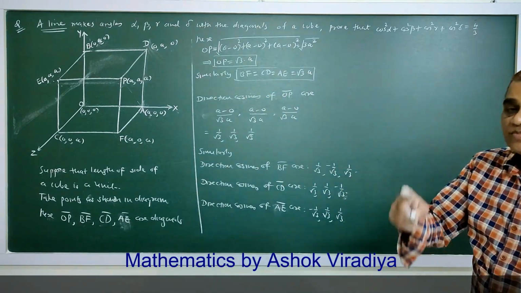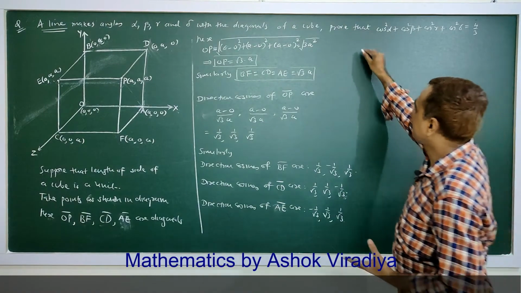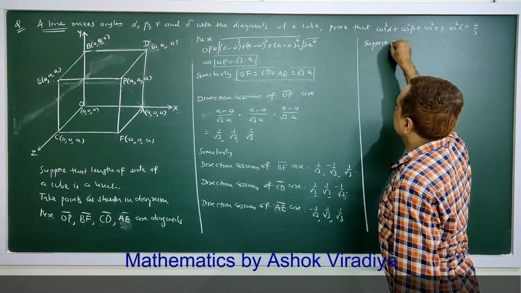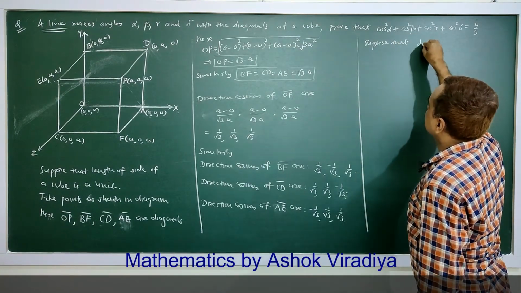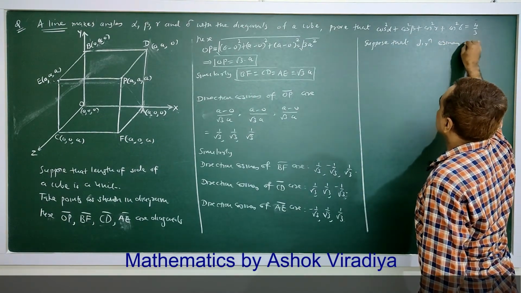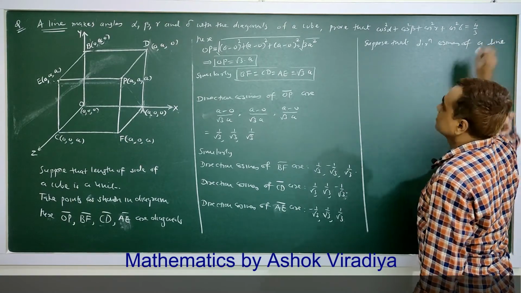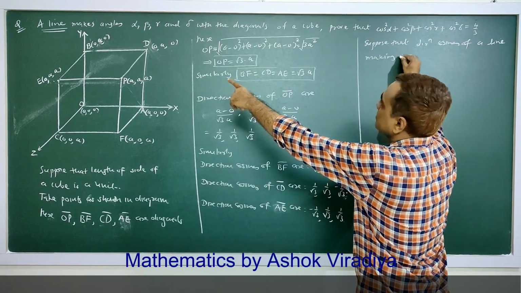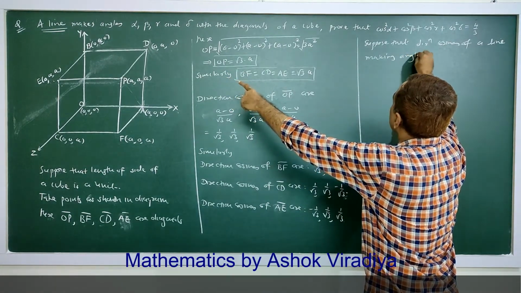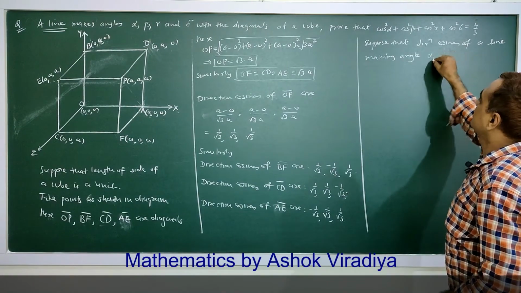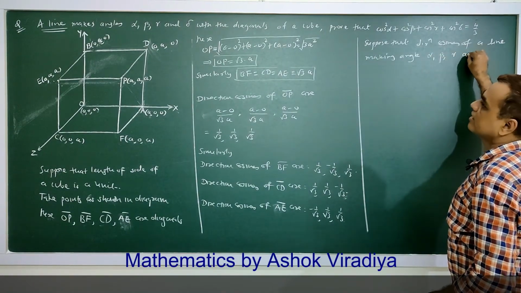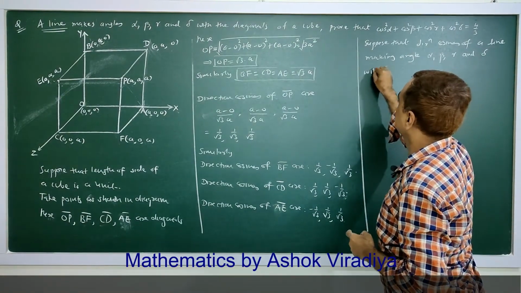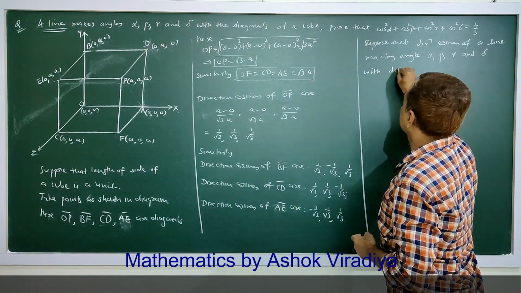And suppose direction cosines of a line which is making angles alpha, beta, gamma and delta with diagonals.